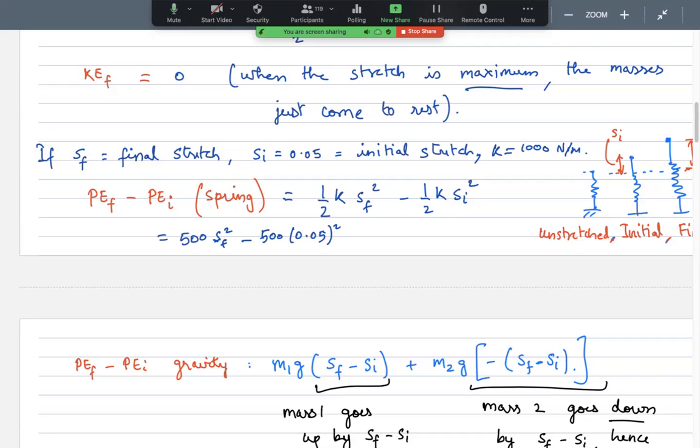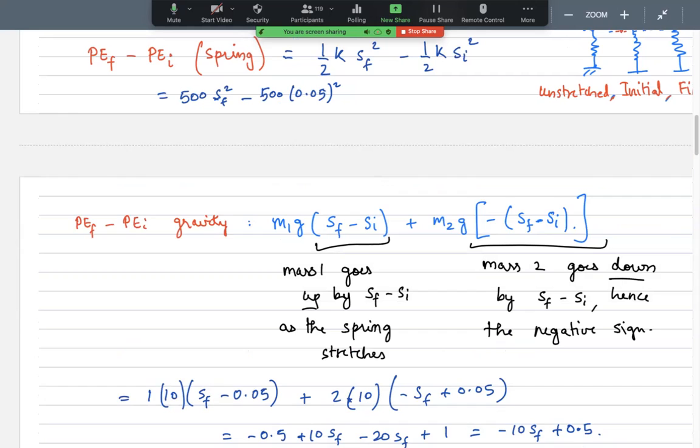Very important. They're not going to be equal to each other in general, if both are non-zero. The correct answer is initial potential energy, half K S squared, and final potential energy, a different half K S squared, and you want to subtract the two things.